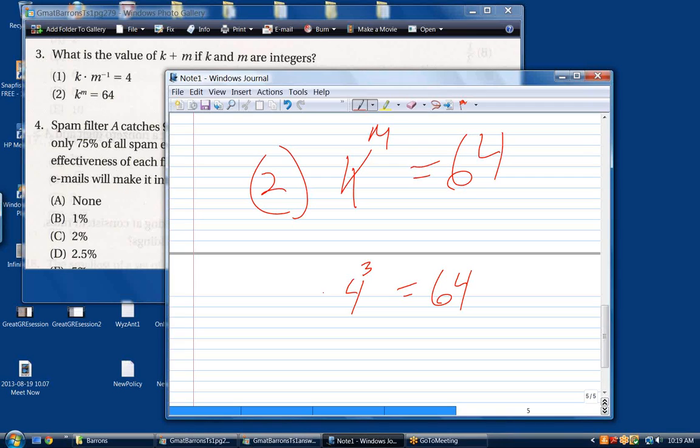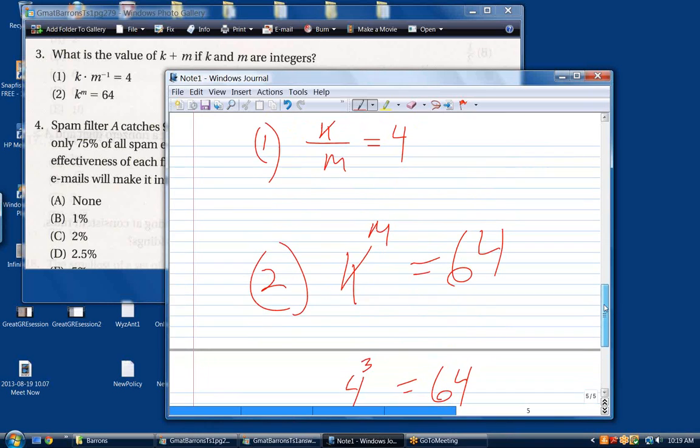Okay, so we can't answer it from either one alone, so either we can't answer it or we can answer it with both of them. Can we answer it with both of them? You don't really get any set values for k or m in any of them.